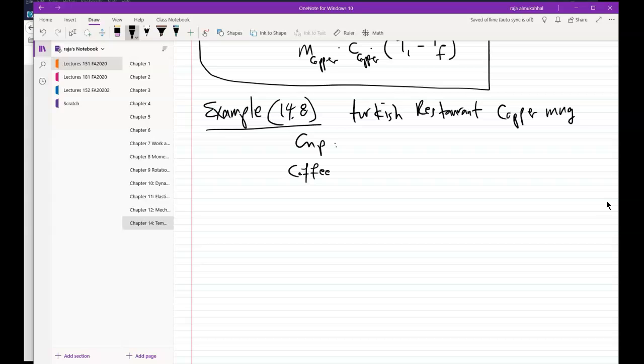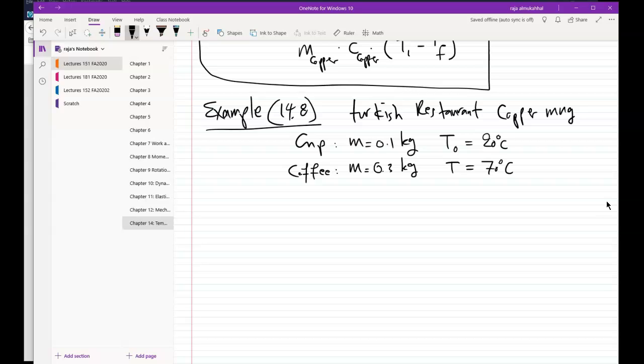For the cup, the mass of the cup is 0.1 kilogram, and the initial temperature of the cup is 20 degrees Celsius, at room temperature. The coffee is hot. The mass of the coffee is 0.3 kilogram. Actually, that's a lot of coffee. And the temperature of it is 70 degrees Celsius.